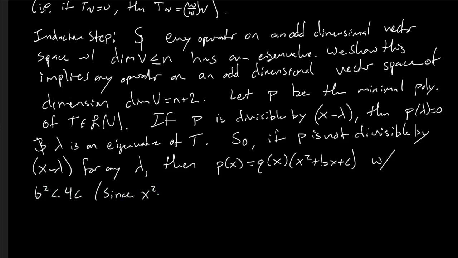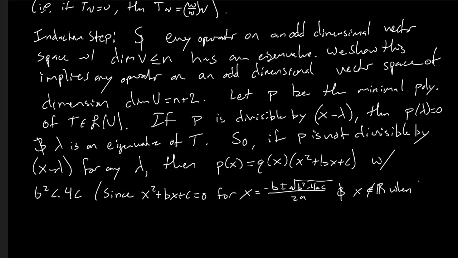Since for x squared plus bx plus c equals 0, by the quadratic formula, x equals negative b plus or minus the square root of b squared minus 4ac, all over 2a. And x is not in the reals when b squared is less than 4c.